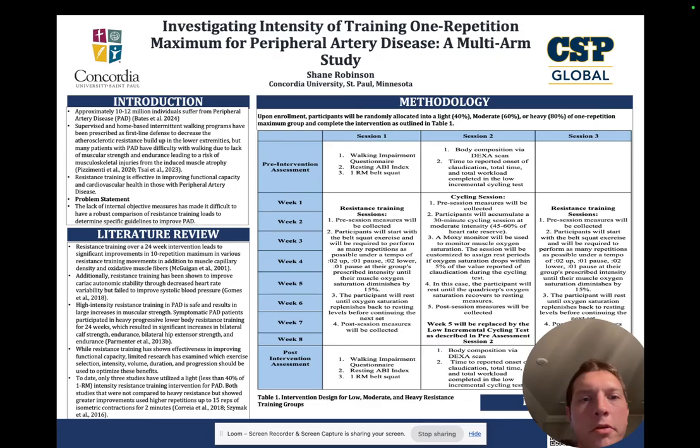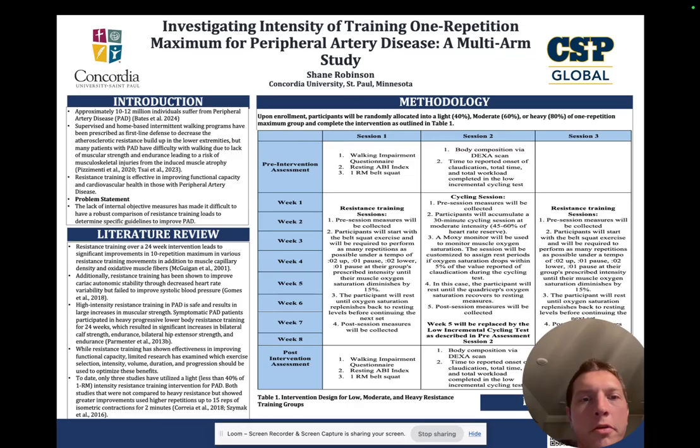First, which intensity best benefits exercise tolerance in peripheral arterial disease, measured by the incremental cycling test. That is the main purpose of my study and what I'm trying to add to the research.